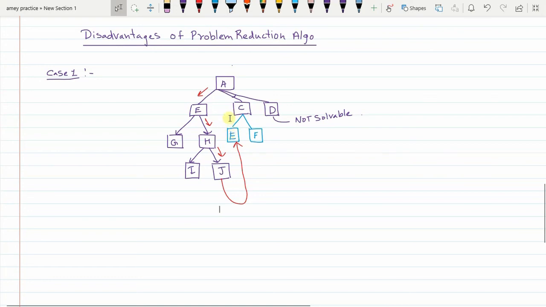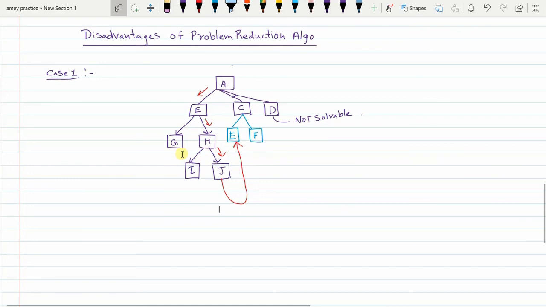But if you think carefully, the path through C that leads to a solution will be available only if it would have done the expansion along this particular path, right?